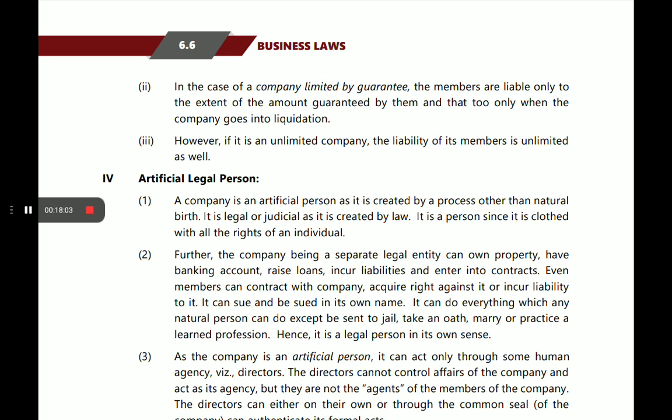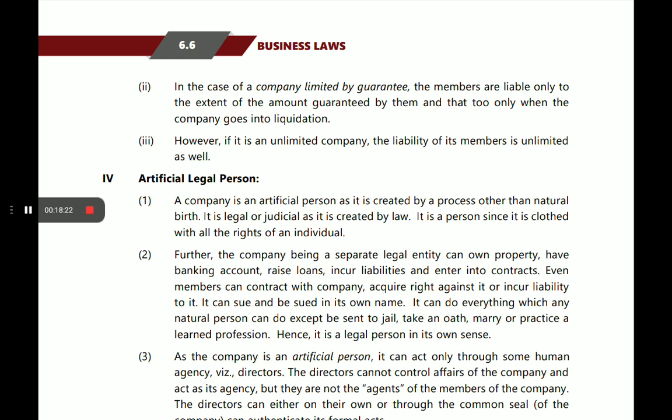Artificial legal person. A company is an artificial person as it is created by a process other than natural birth. It is legal or juridical as it is created by law.